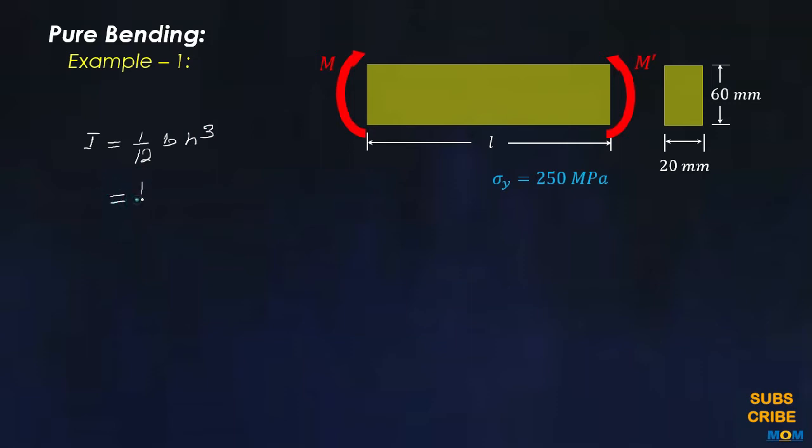So 1 over 12, using value of B, that is 20 millimeter, and H, that is 60 millimeter cube. After solving this, we have the value of I, that is 0.36 into 10 raised power minus 6 M4.